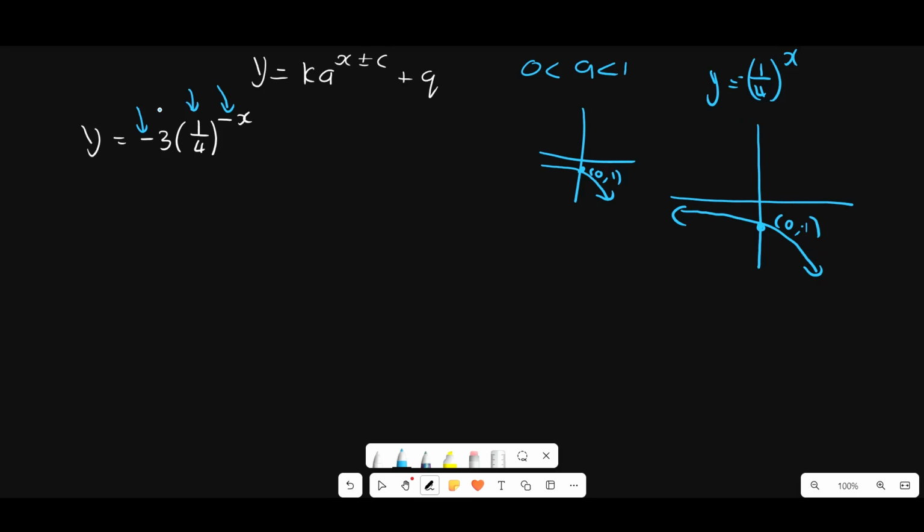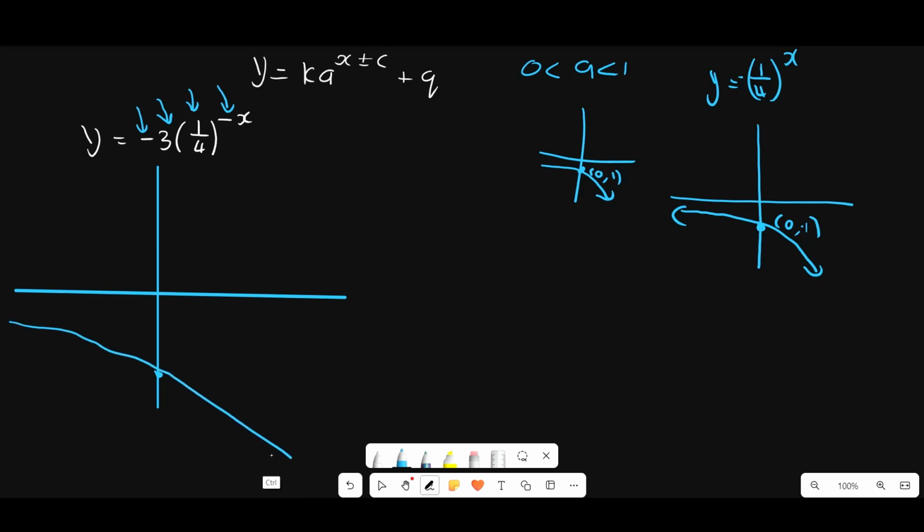So in this case you can see that I'm multiplying everything by 3, so my new y-intercept will be at 3. So my function will be something that looks like a curve, not a straight line.